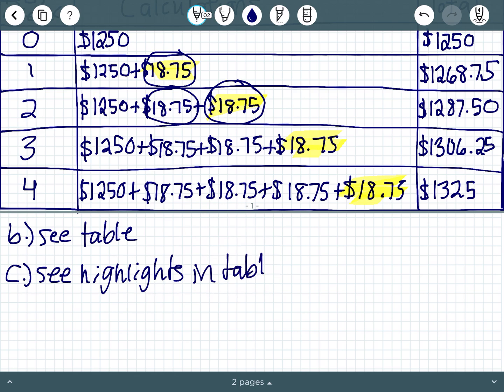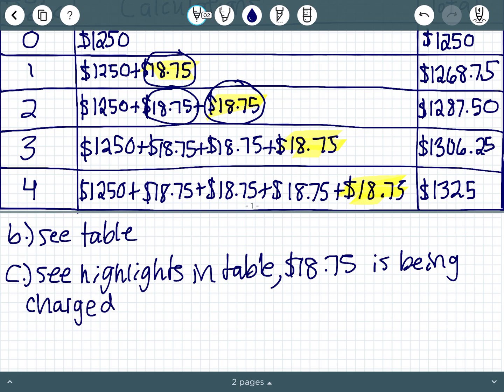And you could also say, $18.75 is being charged in simple interest each week.